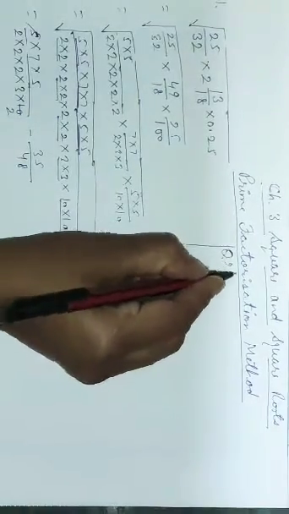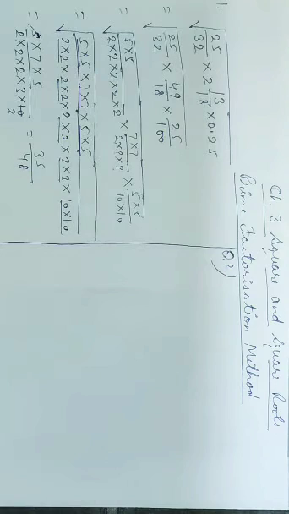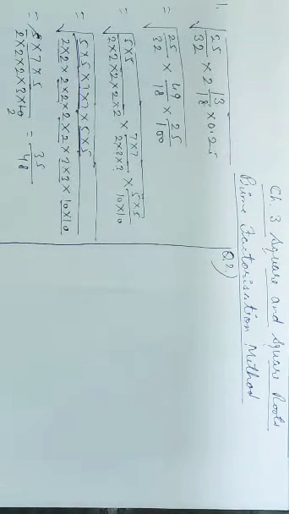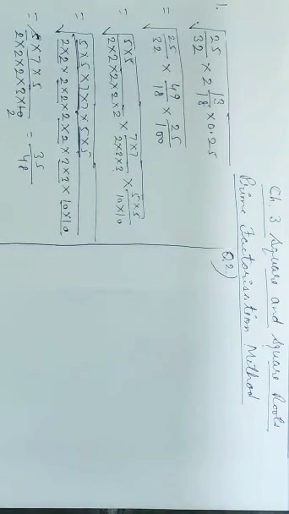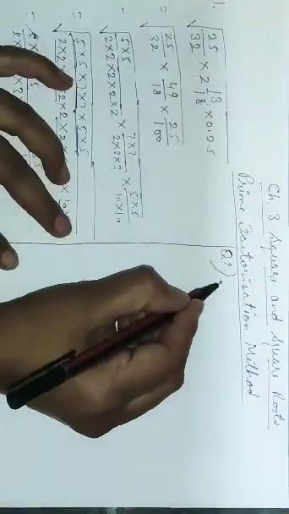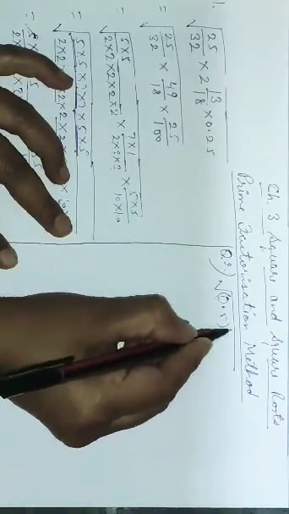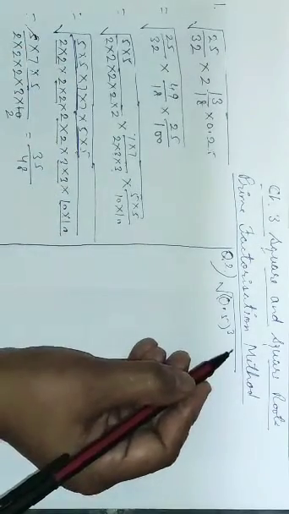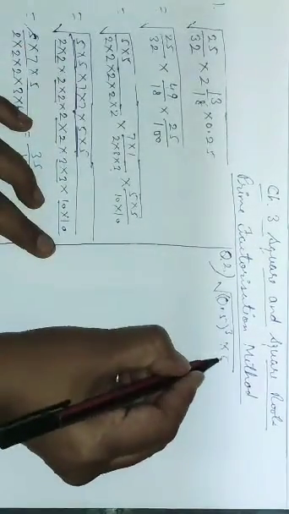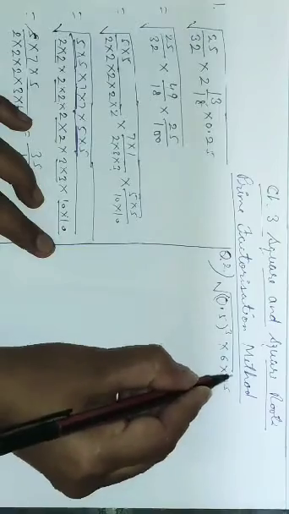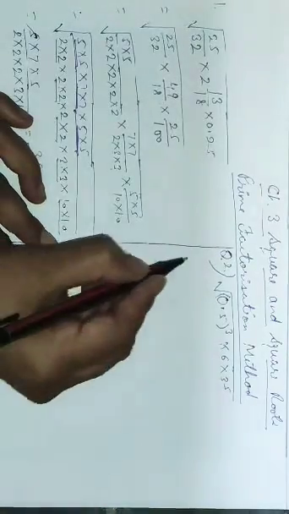Okay, next, question number 2. I am again taking a decimal problem. Suppose my question is of this form: 0.5 cube multiplied by 6 multiplied by 3 raised to the power 5.